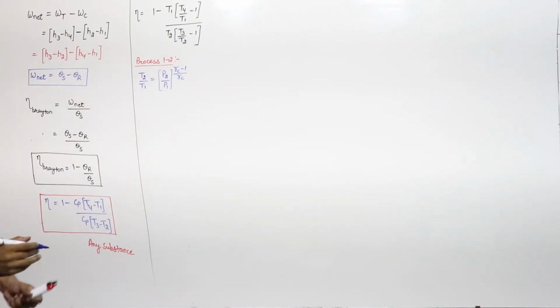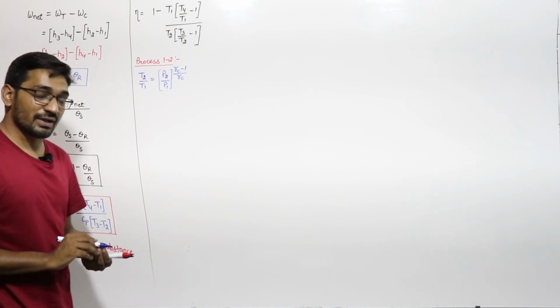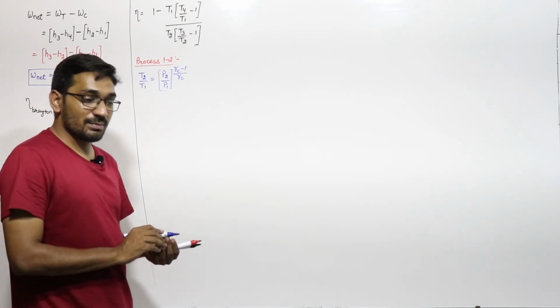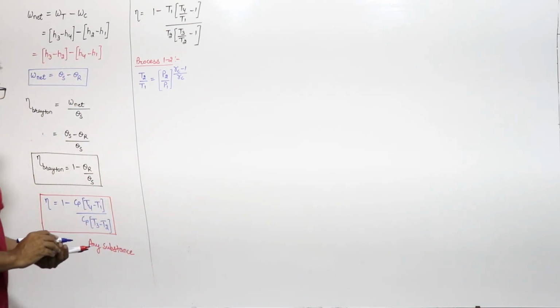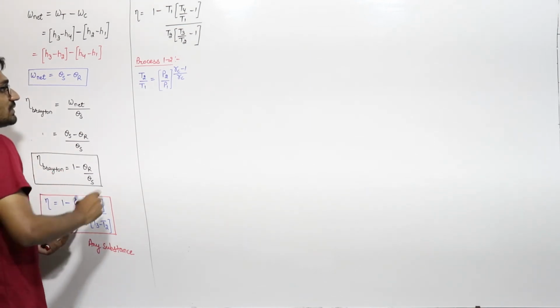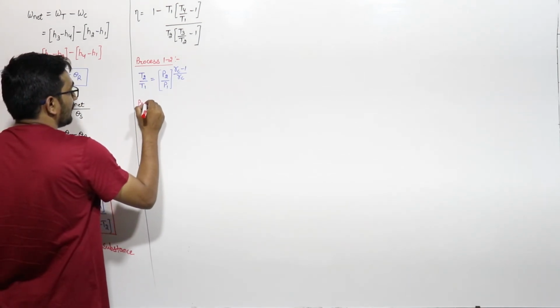It may be the case that in the question gamma of compression and gamma for the expansion process are different. So I'll write gamma C is the adiabatic index for the compression process and gamma E is the adiabatic index for the expansion process. So this is for the process 1 to 2.